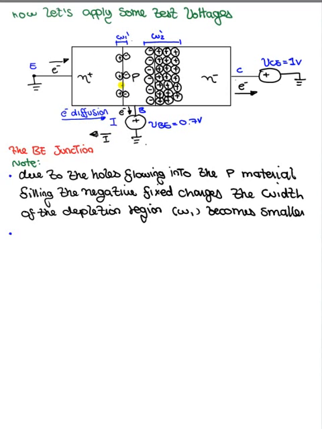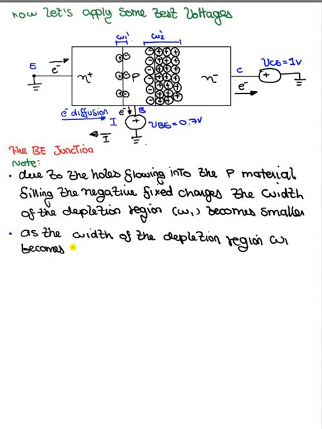Okay, and so let's write that down. As the width of the depletion region, W1, becomes smaller, the carrier concentration gradients increase.